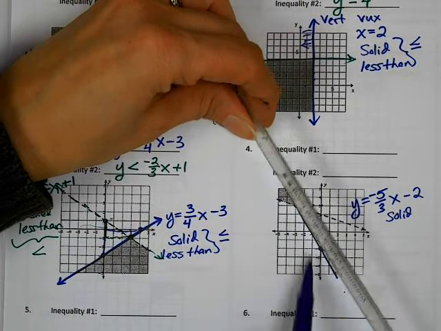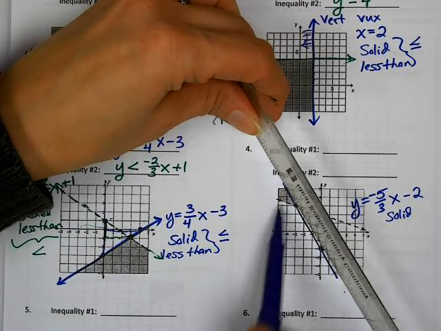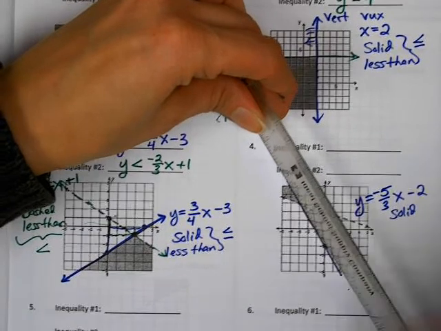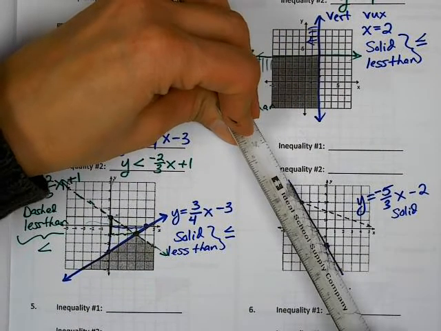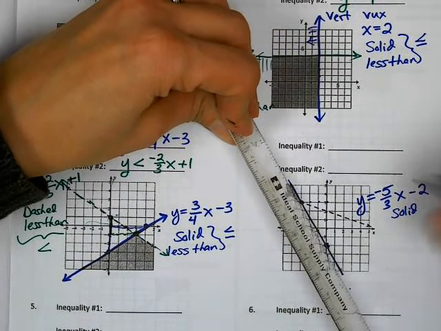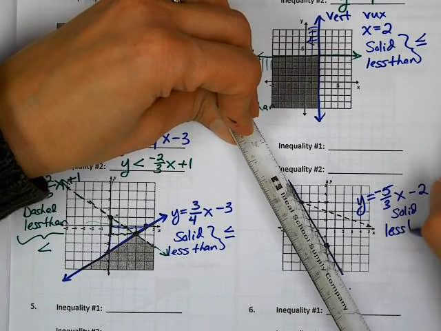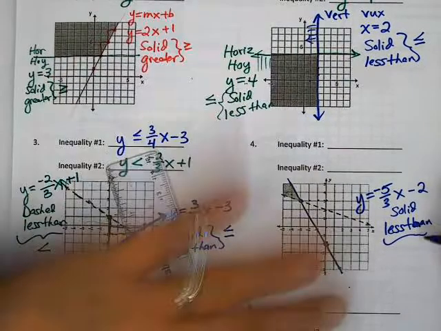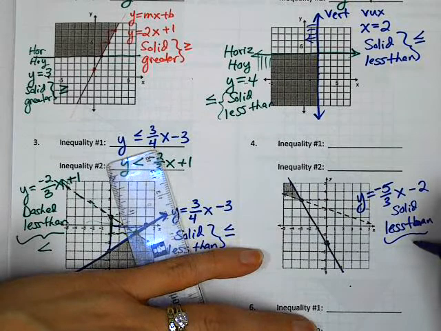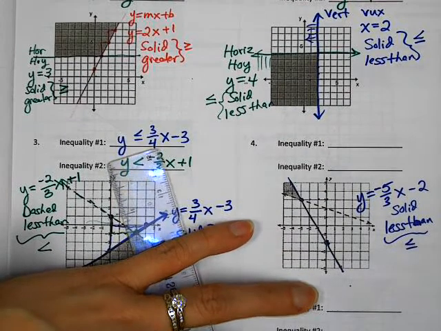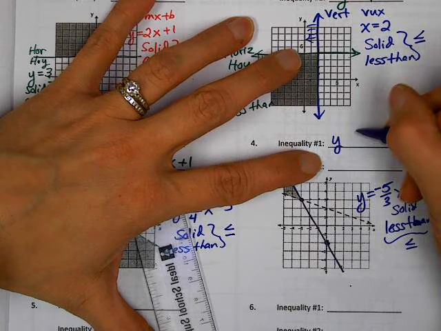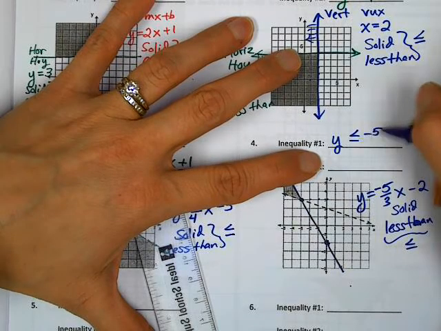Okay, and it is below the line. See how it's under the line there? I know it's really high, but it is below the line. There's above the line and nothing shaded, so it is less than. And how are we going to do solid less than? Less than or equal to. So our first inequality is y is less than or equal to negative 5/3 x minus 2.